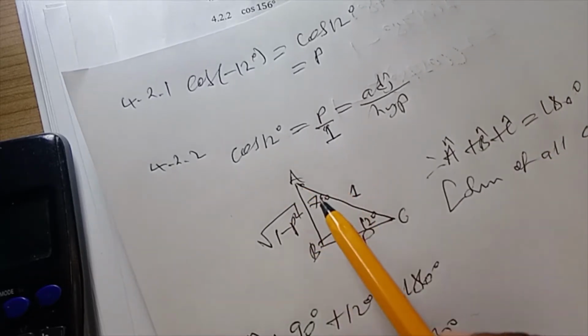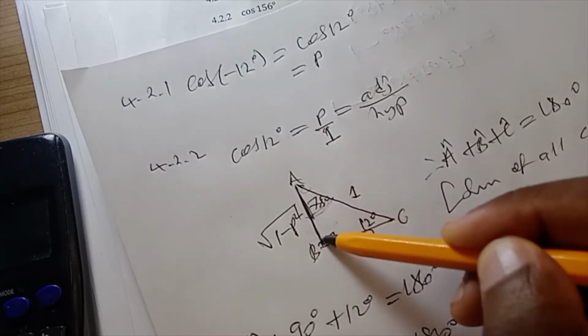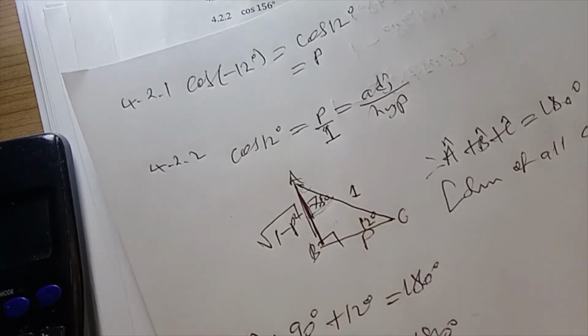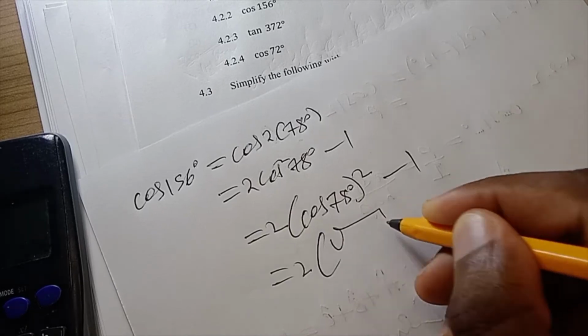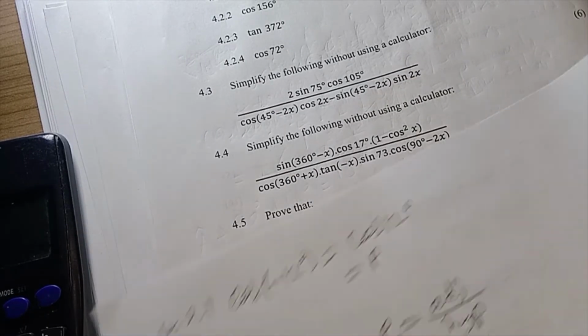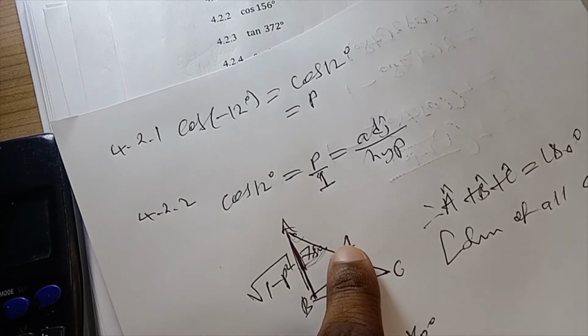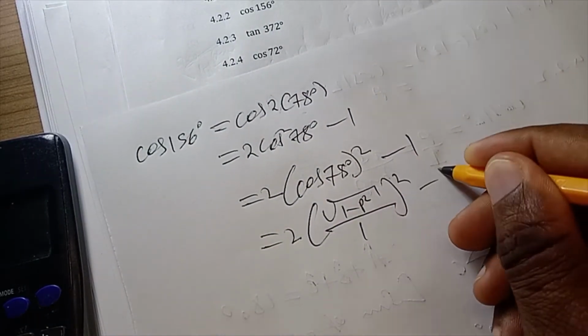Here is my 78. The adjacent of 78 degrees is the side AB, which is square root of 1 minus p squared. Then I say 2 into square root of 1 minus p squared. That is the adjacent. The hypotenuse is 1. Then it's going to be 1 there, squared, minus 1.